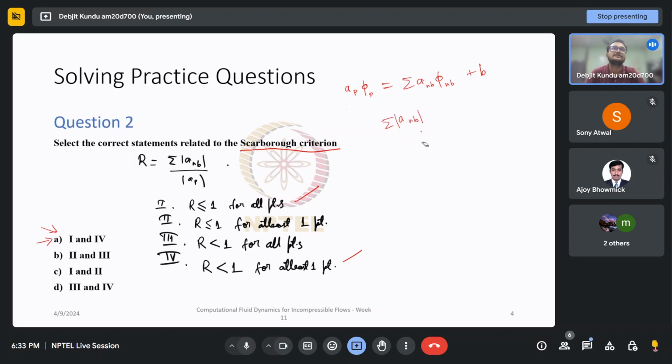So basically, this has to be less than or equal to the absolute value of AP for all points, and for at least one point, it has to be less than AP. So these two constitute the Scarborough criterion that just guarantees convergence. There is a mathematical derivation of it, but that's beyond the scope of this course.